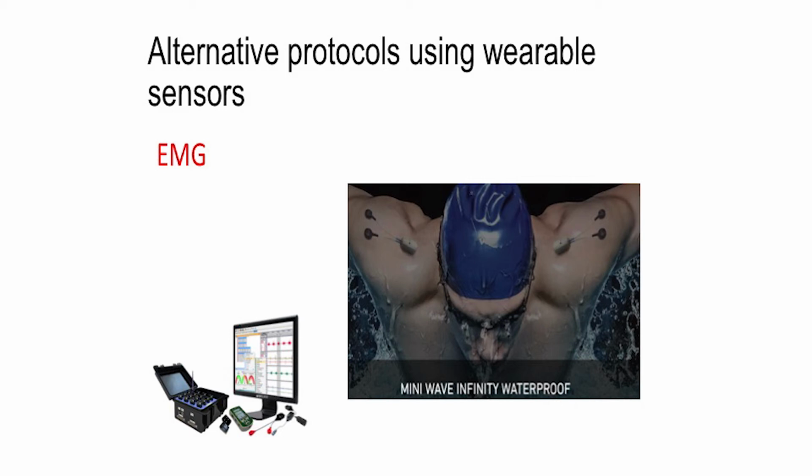The system on the bottom end is from Delsys. The system on the right end is from Cometa. It's quite a mature technology, and as you can see, you can even capture muscle activity during swimming wirelessly. There is no cable attached to the little electrode.